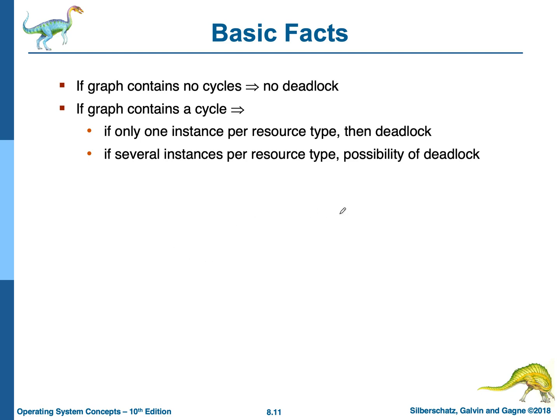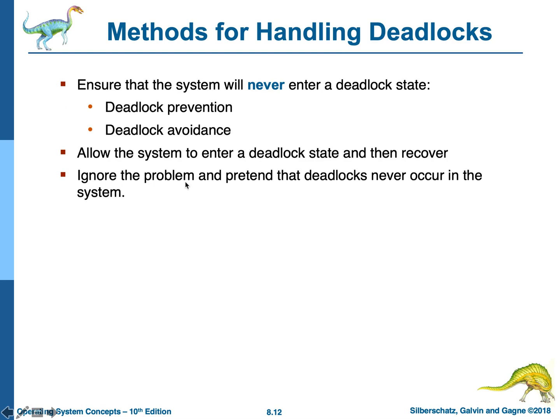If several instances per resource type, then there is a possibility of deadlock, but we say that there is no deadlock, right? If more than one resource is available, as in the previous picture we have seen, then there is no deadlock actually.